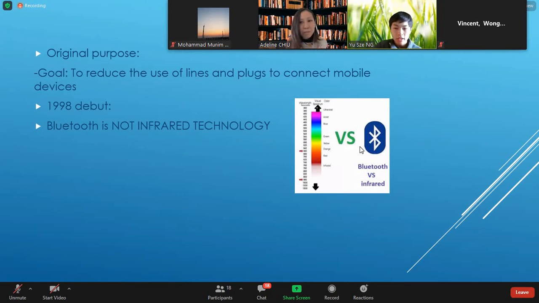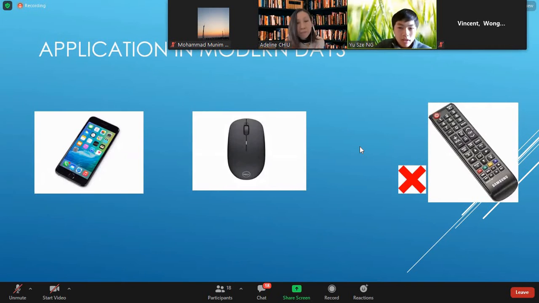Bluetooth is an essential element in modern technology. The mobile phone apps we are using now and the mouse we have been using are based on Bluetooth. But the remote control that controls the TV is not using Bluetooth. It's actually using infrared technology. And Bluetooth is irreplaceable in modern technology.